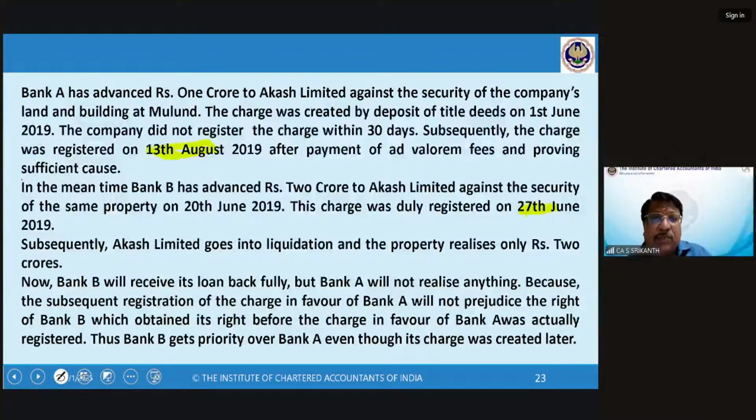But what has happened is B advanced the loan on 20th June. And that fellow was smart, yeah. He himself must have registered it on 27th June. Real fast work. Maybe he's more efficient. So, which is earlier? The 27th June or 13th August? Obviously, 27th June. So, a charge which is registered earlier.